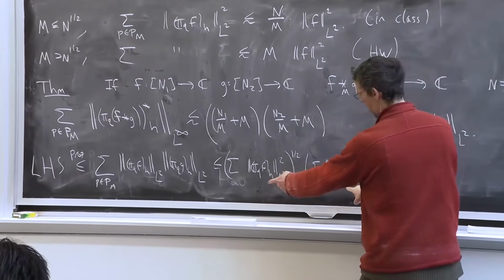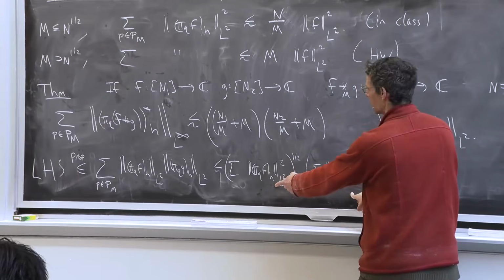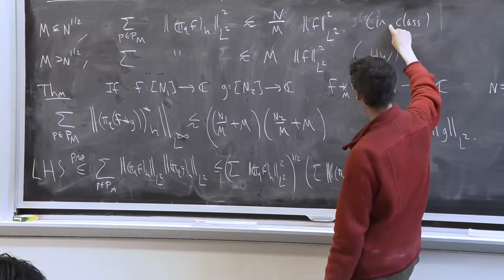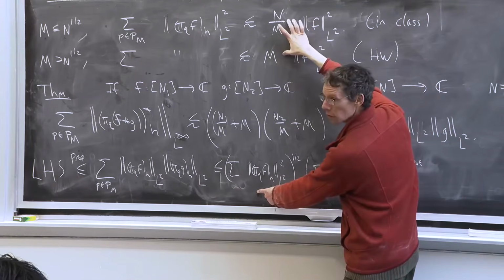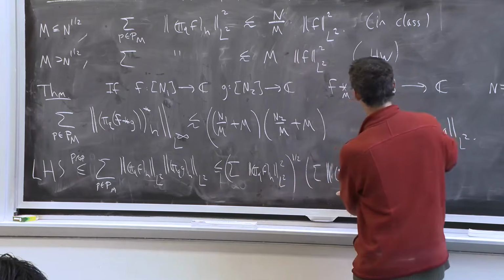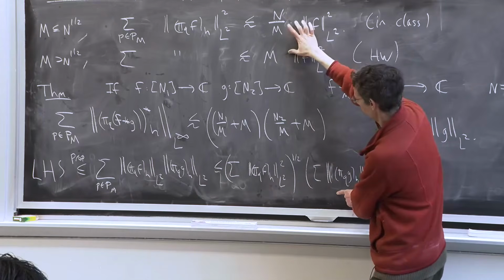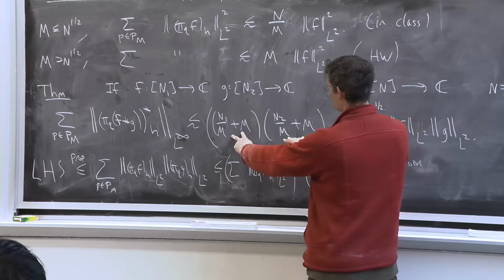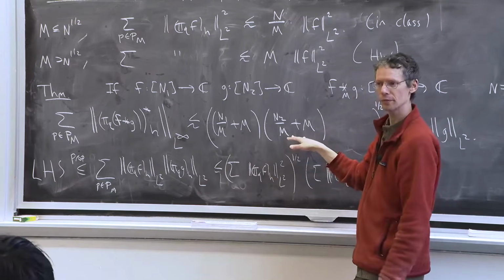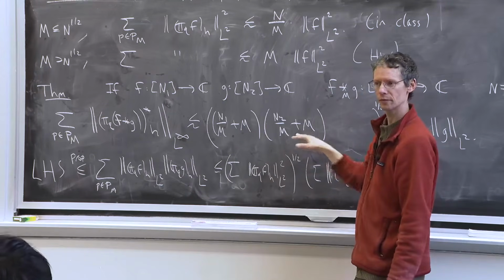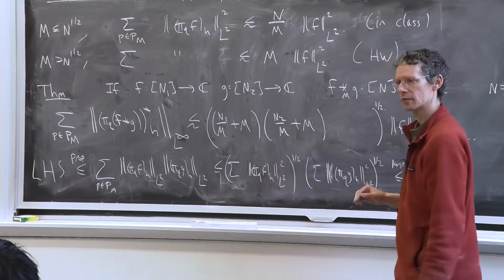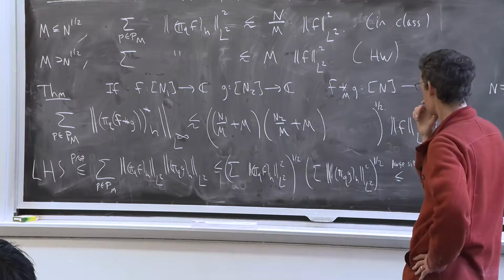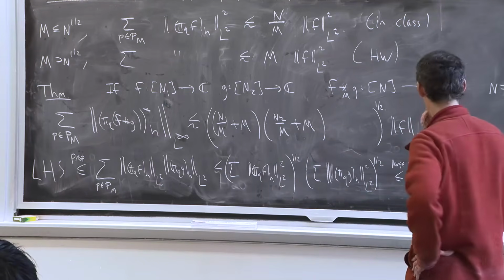So the large sieve gives a bound for each of these things, and I plug it in. What makes it a little bit messy is that because there are two cases, the bound for this is a sum of 2 terms, and the bound for this is a sum of 2 terms. So when I multiply that together, I get the sum of 2 terms times that sum of 2 terms.